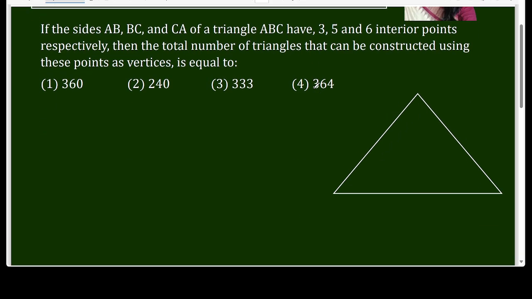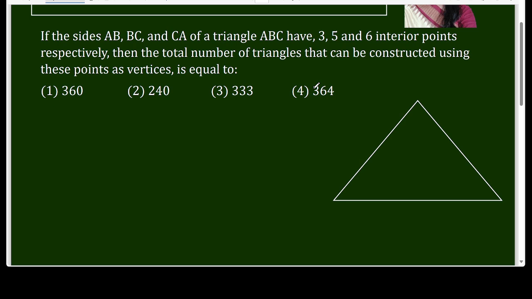So this is a figure I have drawn already. This is your A, B and C. Here on AB there are 3 points, 1, 2, 3, and on BC there are 5 points, 1, 2, 3, 4, 5.